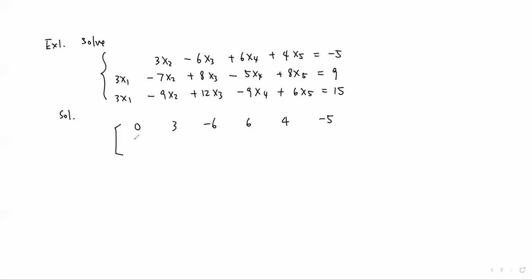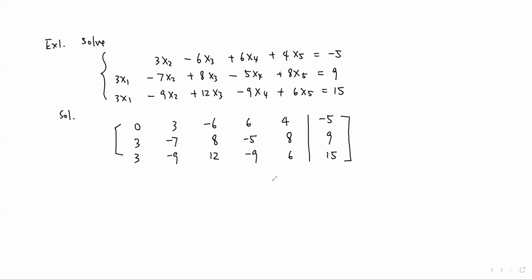Second equation coefficients are 3, -5, 8, 9. Third equation, -15. And separate the last column from the other columns by a vertical line. The last column is the right-hand side.